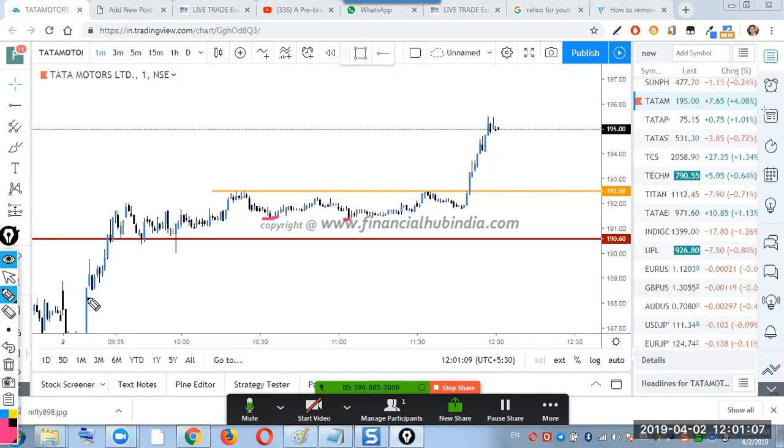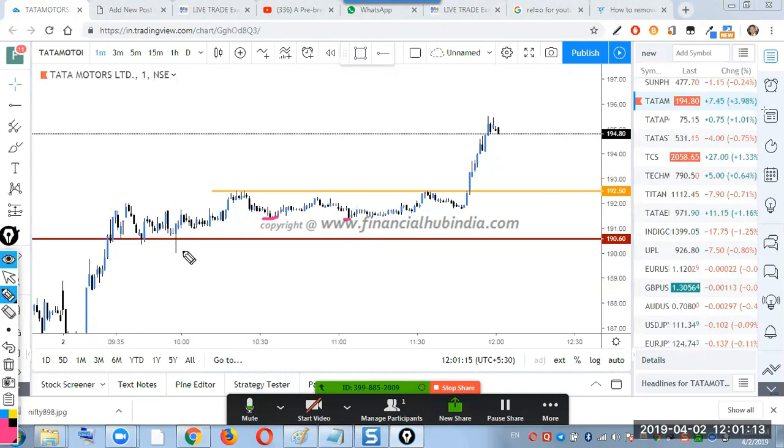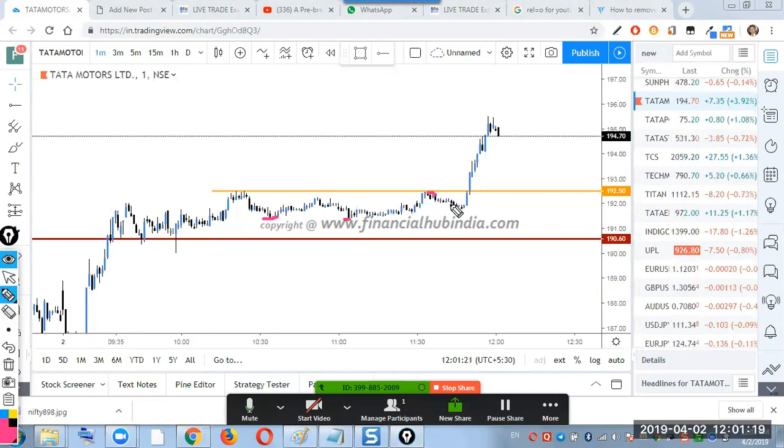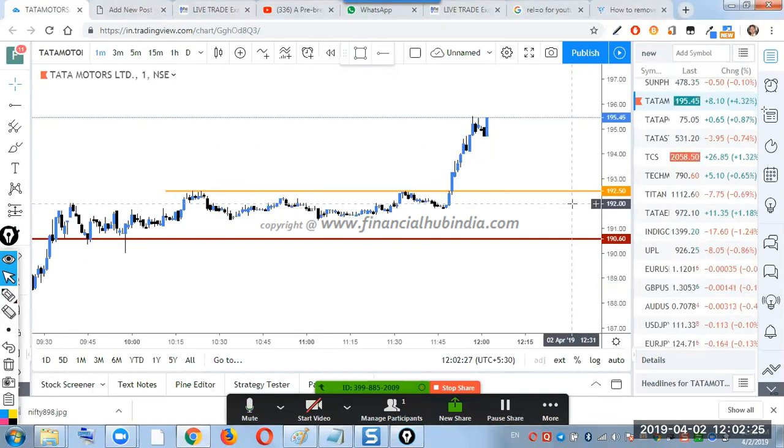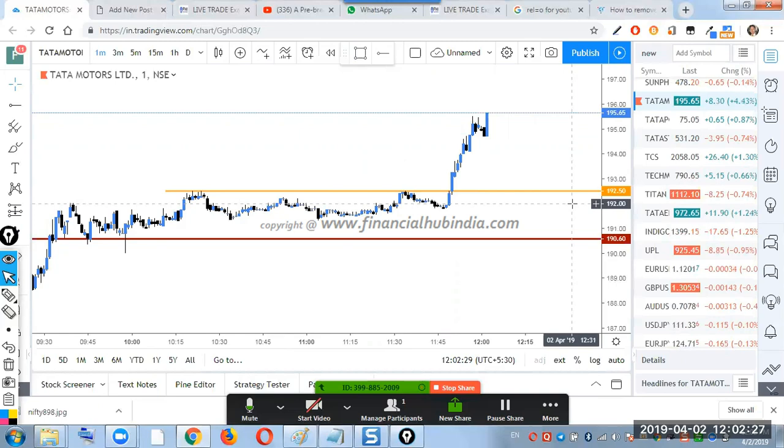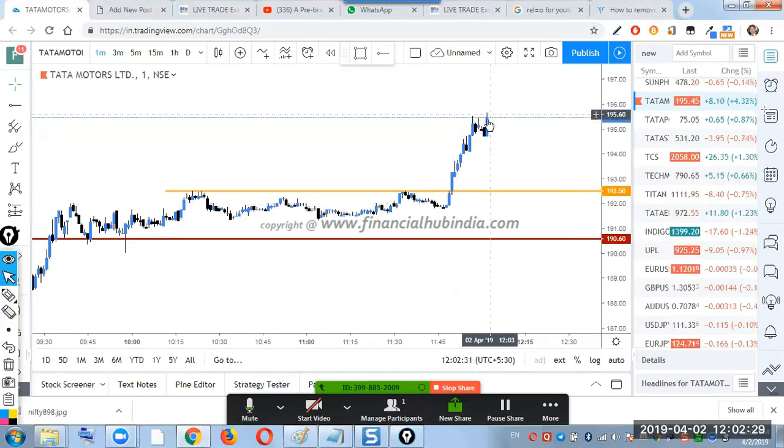The way it was going up, that behavior, that nature of building higher lows and staying intact above those higher lows, it will continue further, and that's what really happened. We built up one more higher low and bang. So far we got a bounce now here.